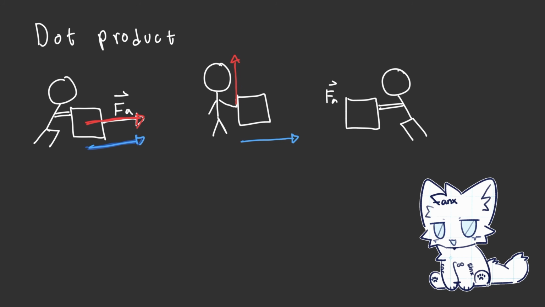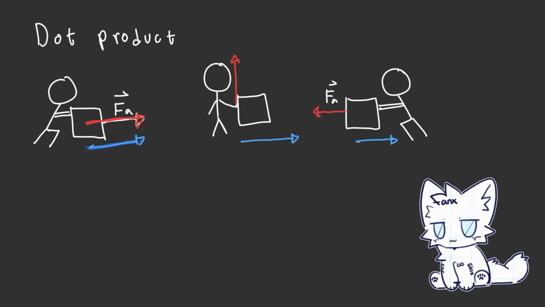And then let's say you're pushing it at an angle. Take a look at this right example. You're pushing it to the left, but you want to move it to the right. And that means there's negative work being done on this box, right?